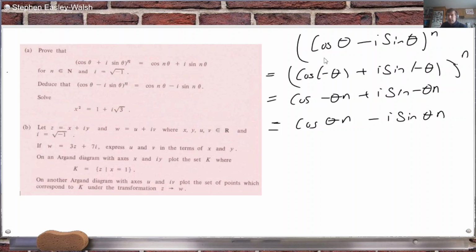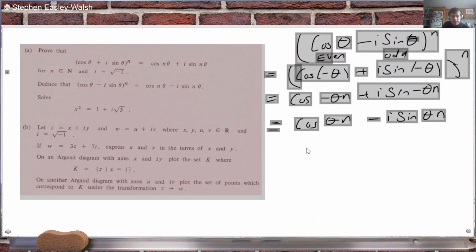You can do this because cos is even and sine is odd. That's why you're allowed to make the sign change like that. Theta can change to minus theta, no consequence. And to change theta to minus theta, you have to change the sign in the front. And then you reverse that at the end.